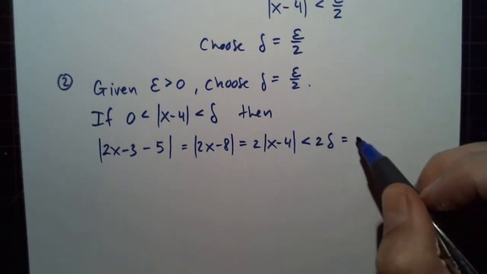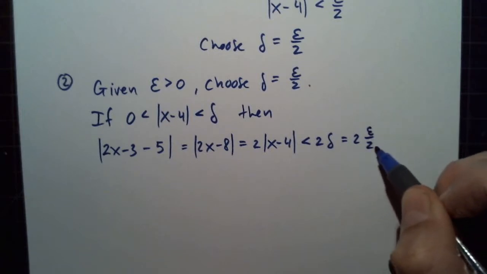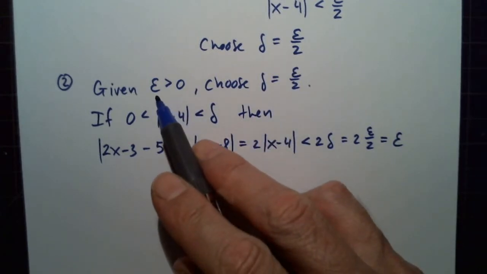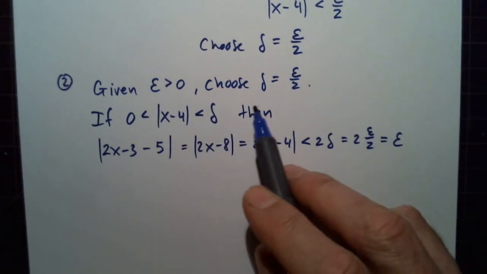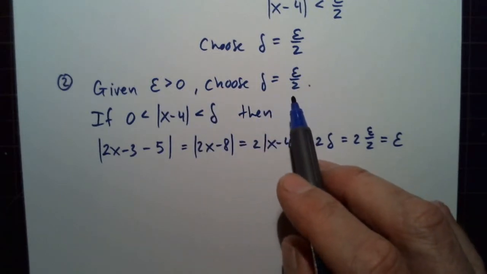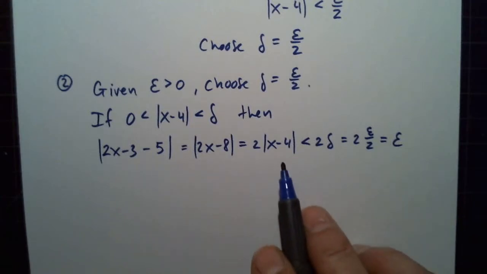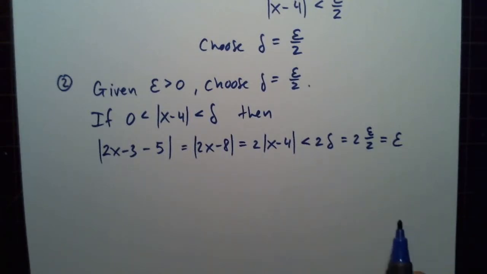And we chose delta to be epsilon over 2, and now we've satisfied the definition by saying that given an epsilon greater than 0, we chose a delta that makes |f(x) - L| less than epsilon.